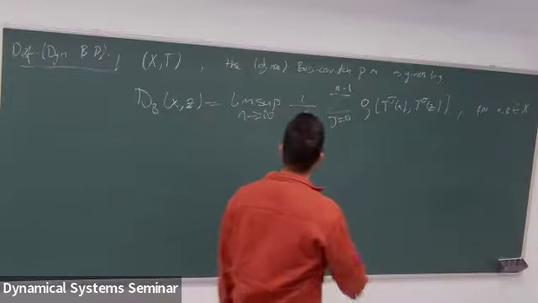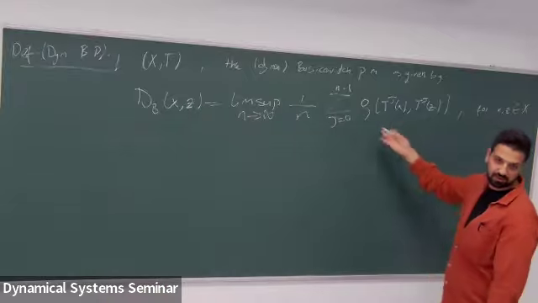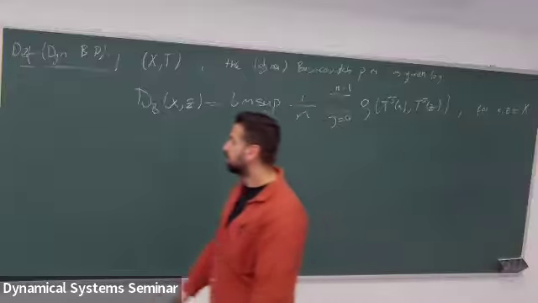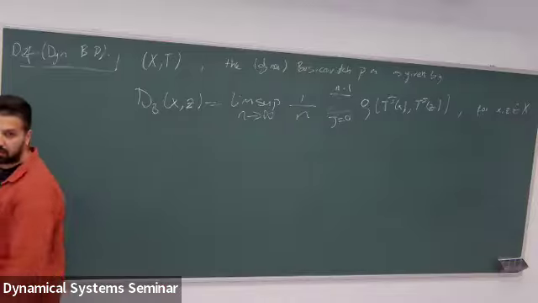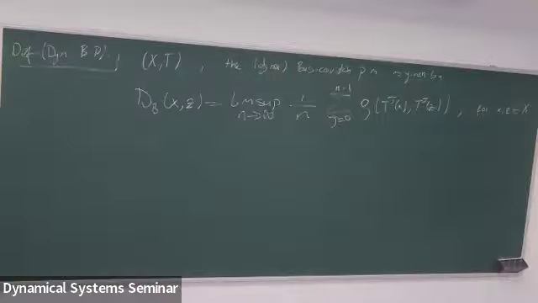You can see that's why it's called dynamical, because we have the orbits. Two different points can be at distance zero, because of the limit superior.